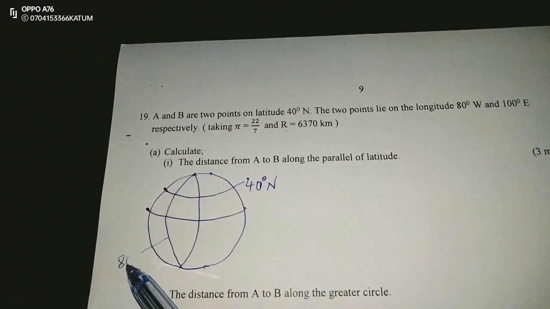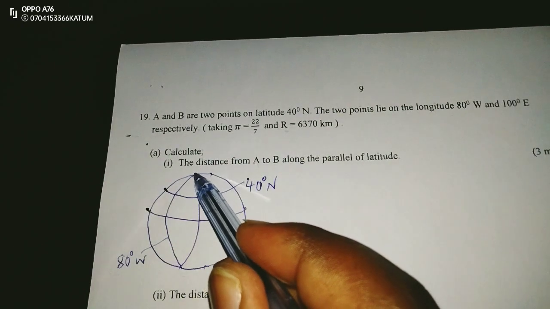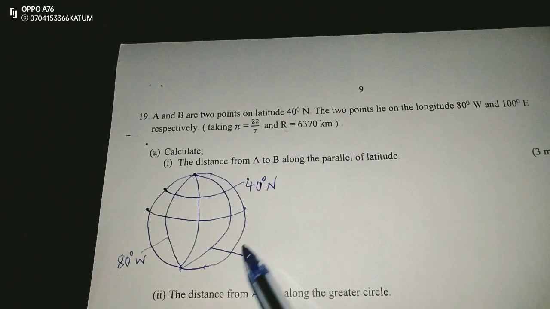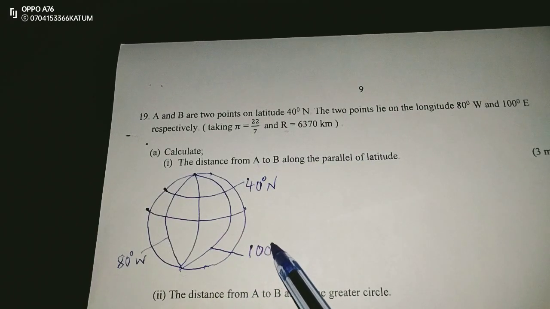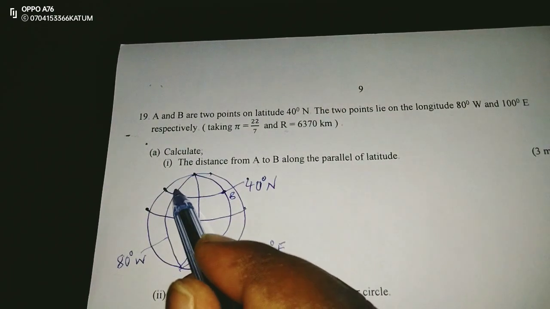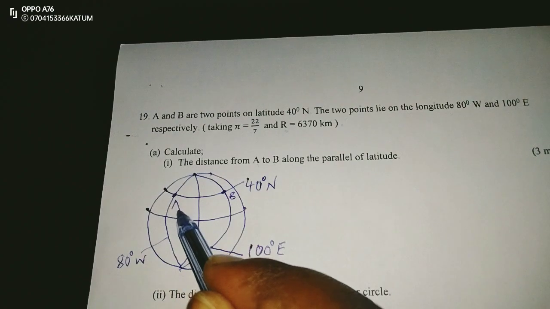Then the other one is 100 to the east. So this is where we're going to have our B, and this is where we're going to have our A.